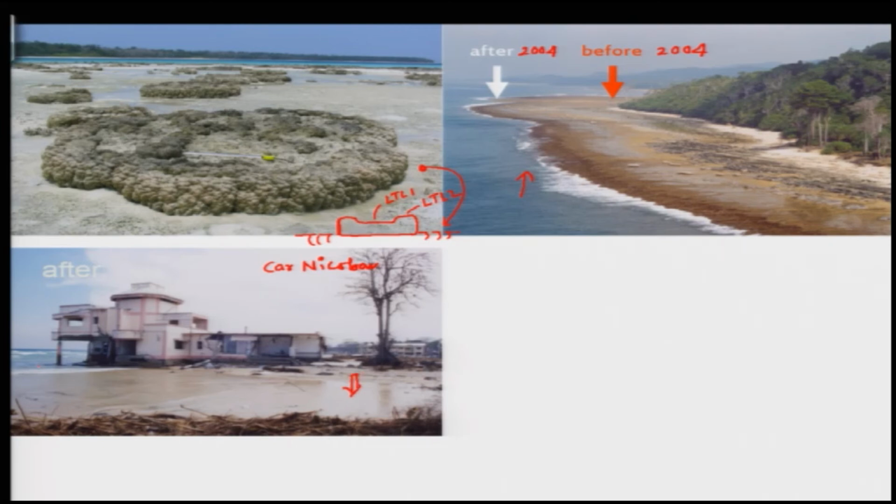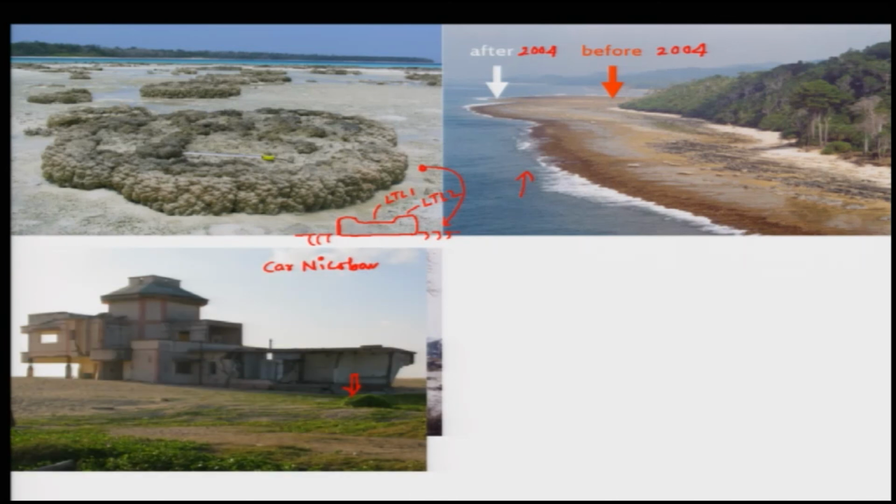Since we were talking about how wave action can result in the development of beach as well as beach ridge, this is what we saw after a couple of years. This was the photograph which we took in 2009 or so, or maybe 11, I am not very sure.